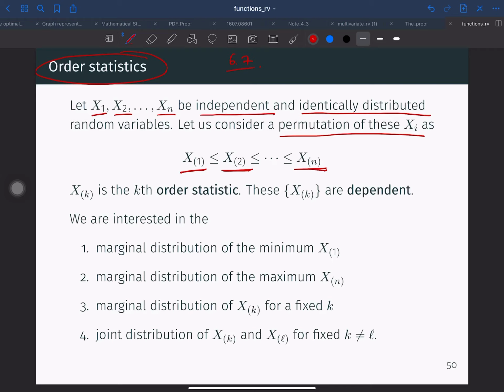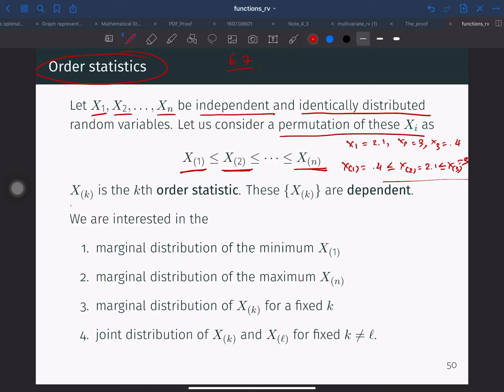So for example, if X1 is 2.1, X2 is 3, and X3 is 0.4, then X(1) is 0.4, less than X(2) which is 2.1, less than X(3) which is 3. So ordering respects a monotonic increasing order.